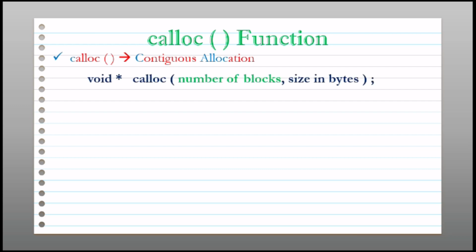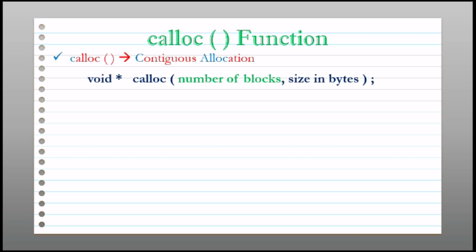This is the syntax of the calloc function, which is already present in the stdlib.h file. That is, void pointer, then calloc, and in brackets the first argument is for the number of blocks we want in memory and the second is for the size in bytes of each block.